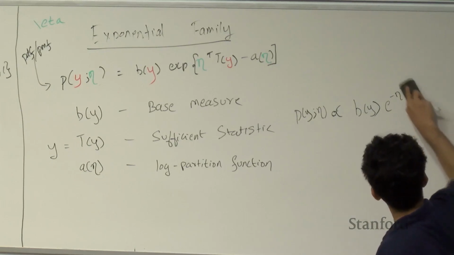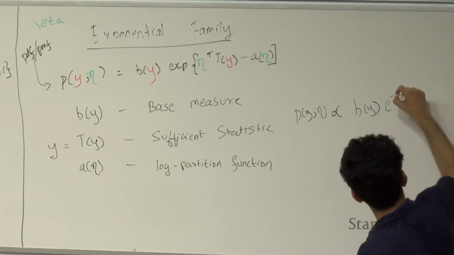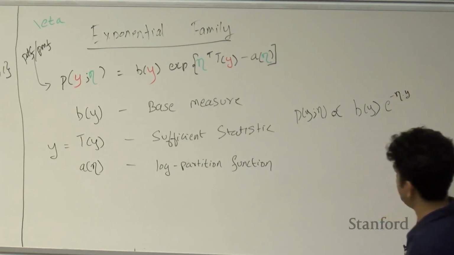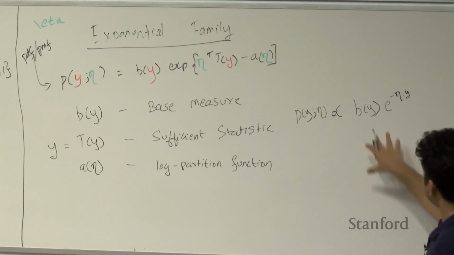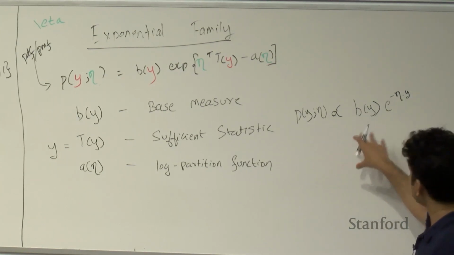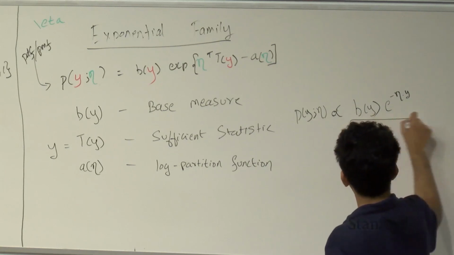To make this simple, let's consider a scalar case. And now, because it's a probability density measure, we'll have to normalize this.